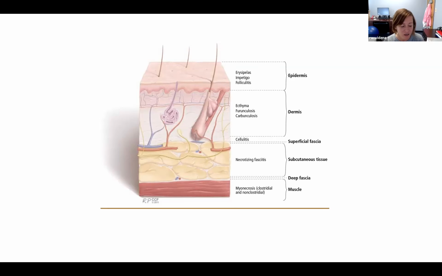Going along the lines of the Spectrum app, we also have zoonotic skin infections and surgical site infections, and a couple of other little pearls on some viral and one or two fungal things here and there.